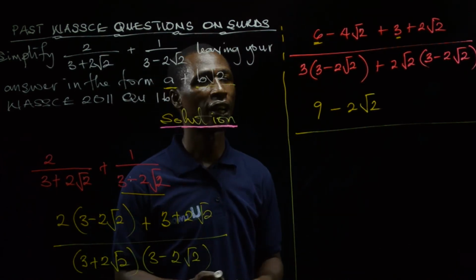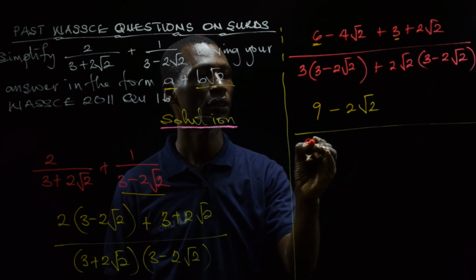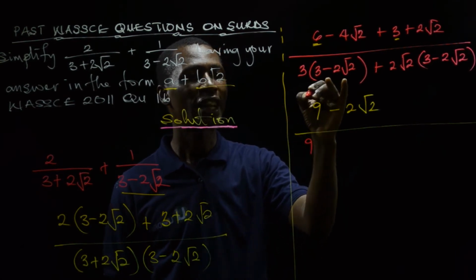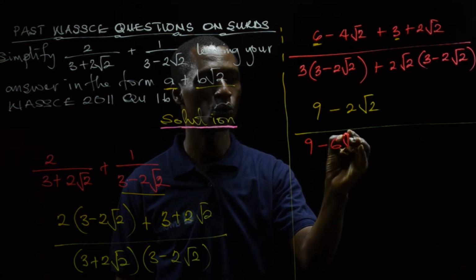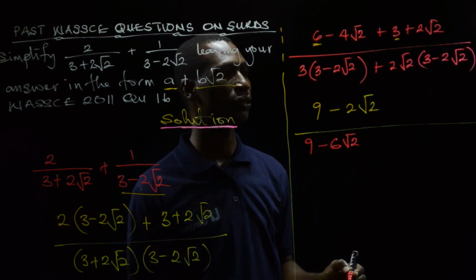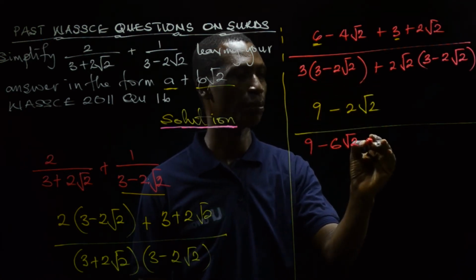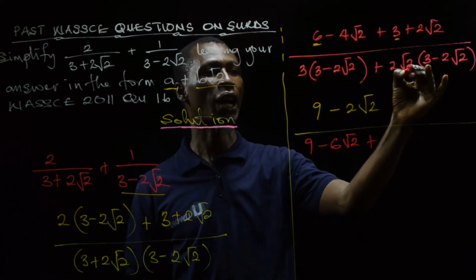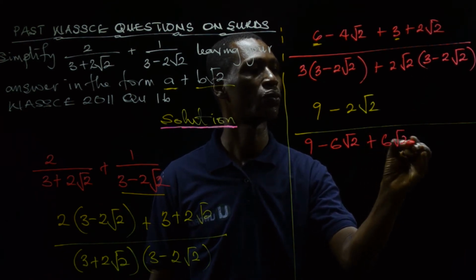Now with the denominator, we have 3 times 3 will give me 9. Then 3 times negative 2 root 2 will give me negative 6 root 2. Negative 6 root 2. The 3 has finished its expansion. Plus 2 root 2 times 3 will give me 6 root 2.